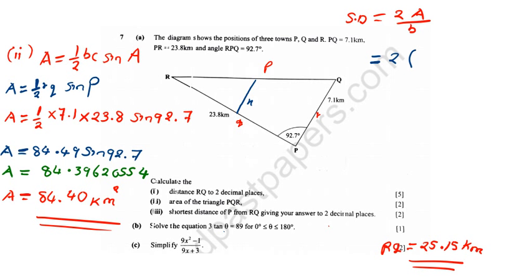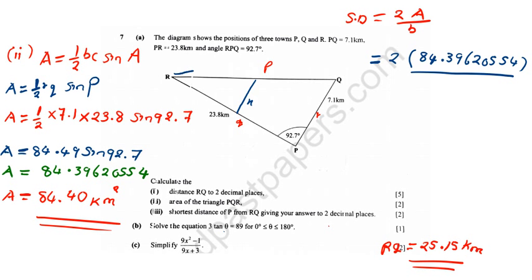We found that value, but I'm using the one which I didn't round off because I want a precise answer. So 84.396205554 over my base, which is RQ.